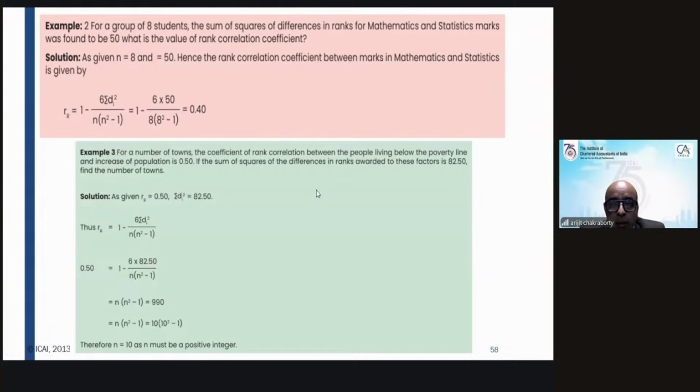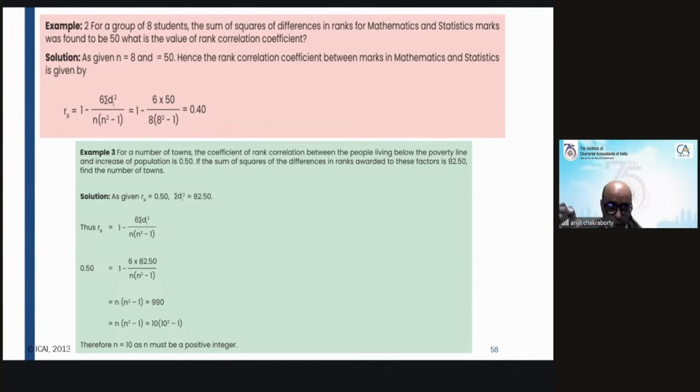The third example, some of them I have taken from set B as well. For a number of towns, the coefficient of rank correlation between the people living below the poverty line and increase of population is 0.5. Again, the sum of squares is given. So please remember, if you get this simple type of question regarding Spearman's rank correlation coefficient, it is 100% scoring, because you will definitely get it right, since the formula is very simple. 1 minus sigma di square divided by n cube minus n, that is, taking n common, n square minus 1.